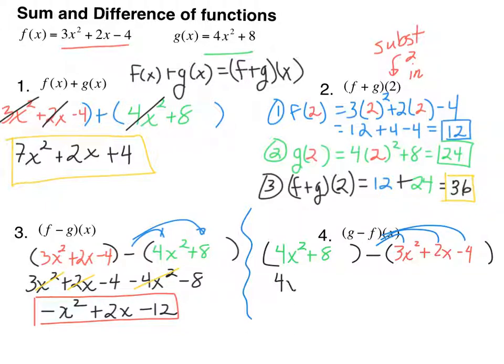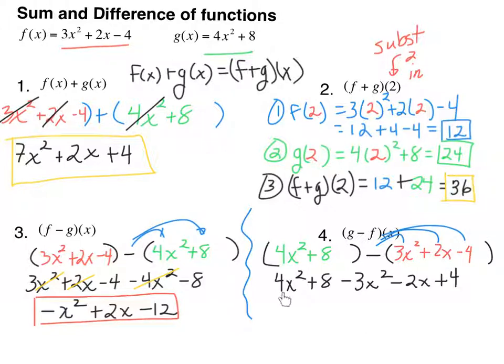So we end up with 4x squared plus 8. Distribute your negative. Negative times 3x squared is negative 3x squared. Negative times 2x is negative 2x. And finally, a negative times a negative 4 is a positive 4.